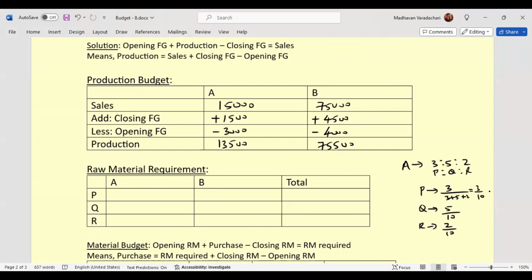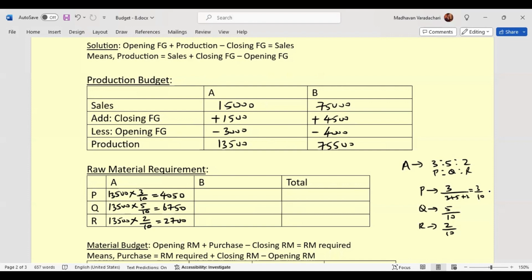So now, this will become 13,500 multiplied by 3 by 10. That will work out to 4050. And Q, 13,500 into 5 by 10. That will work out to 6750. R, it is 13,500 into 2 by 10. That works out to 2,700.